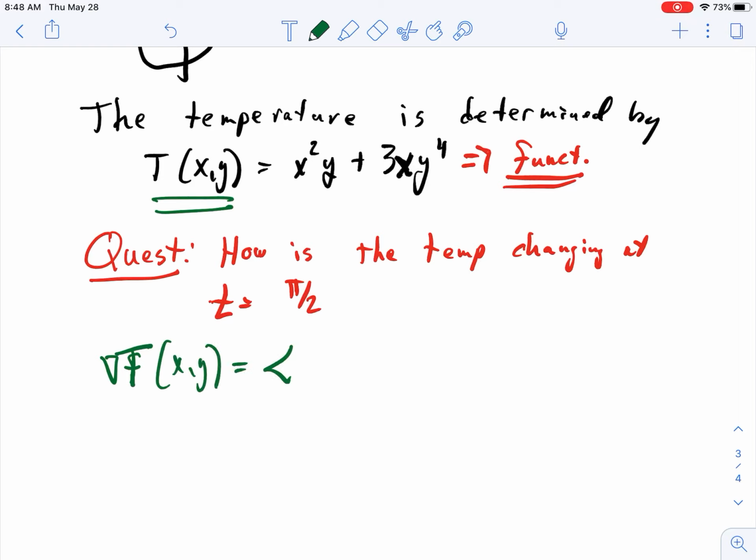So of x, y, by taking the derivative with respect to x, I would have 2xy plus 3y to the 4th, comma, x squared plus, what would we have here? Looks like 12y to the 3rd. All right. Yep.